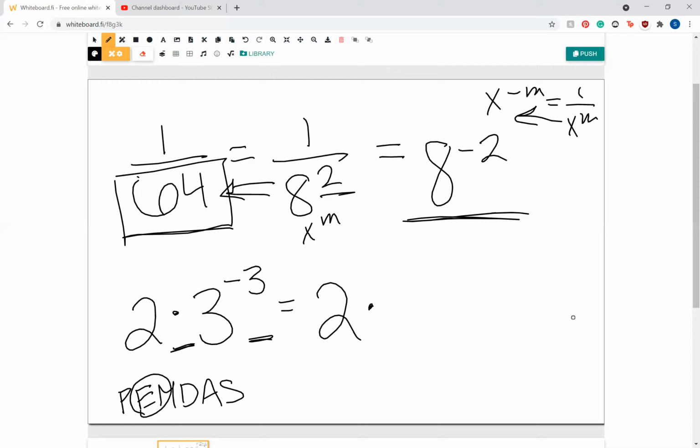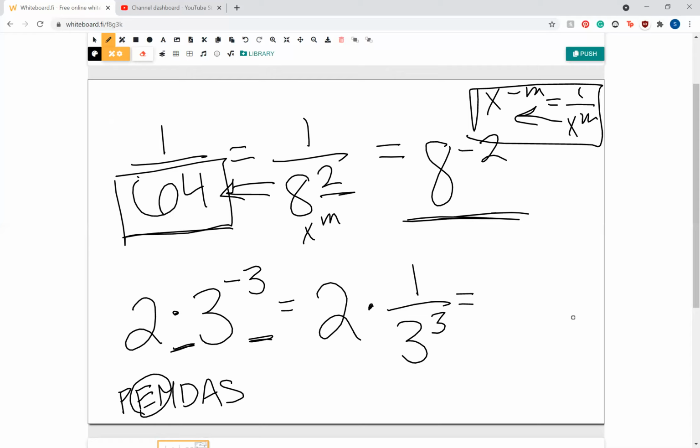Well, I know that to rewrite that, we want to go 1 over 3 to the positive 3, applying that same rule we used before. Then we're going to simplify one more step here, and I want you to go ahead and pause the video and see if we can rewrite this as just a fraction or a number, whatever the most simplified form of this is.